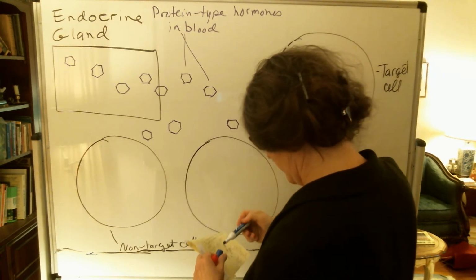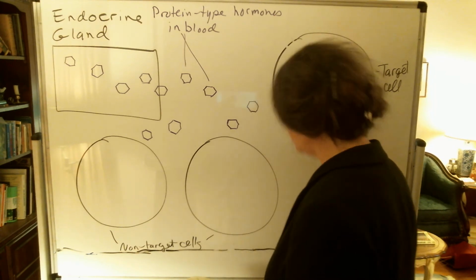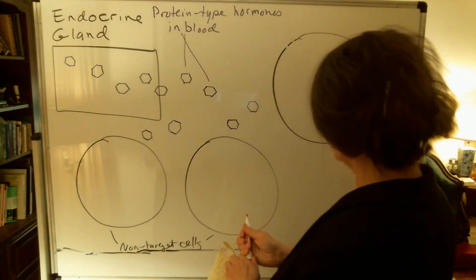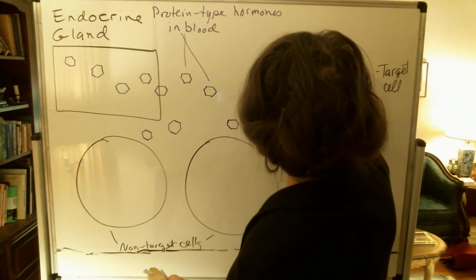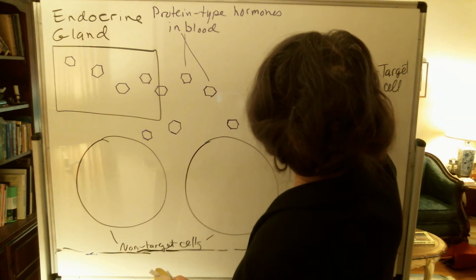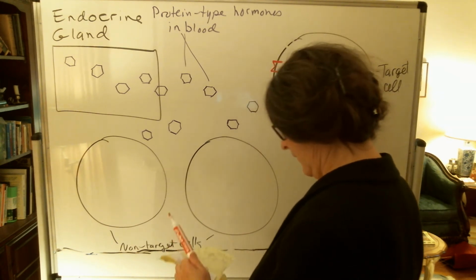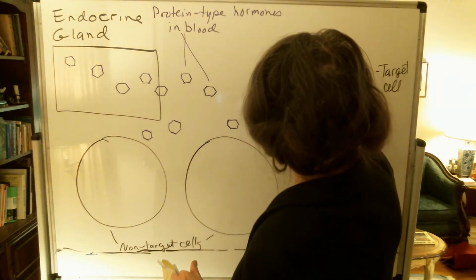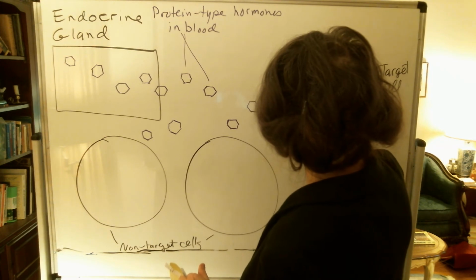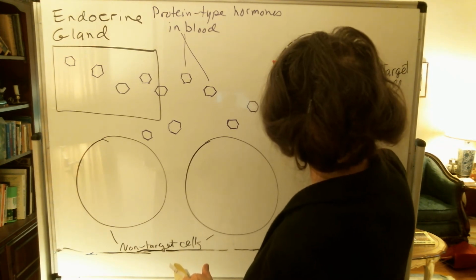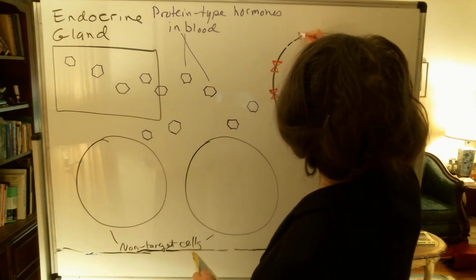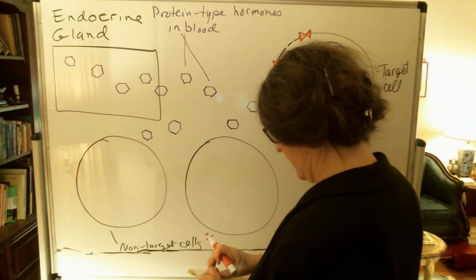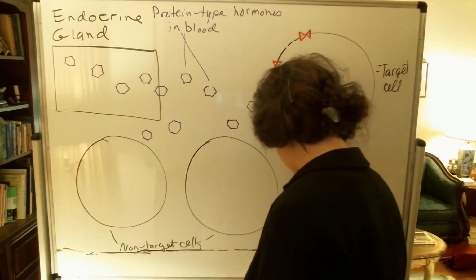And for some reason, my markers are refusing to do this. I don't quite know what to do about this, but let's just try the red now. So here we have a protein receptor, little bow tie shaped protein receptors. All right, so there we are. There are some protein receptors.